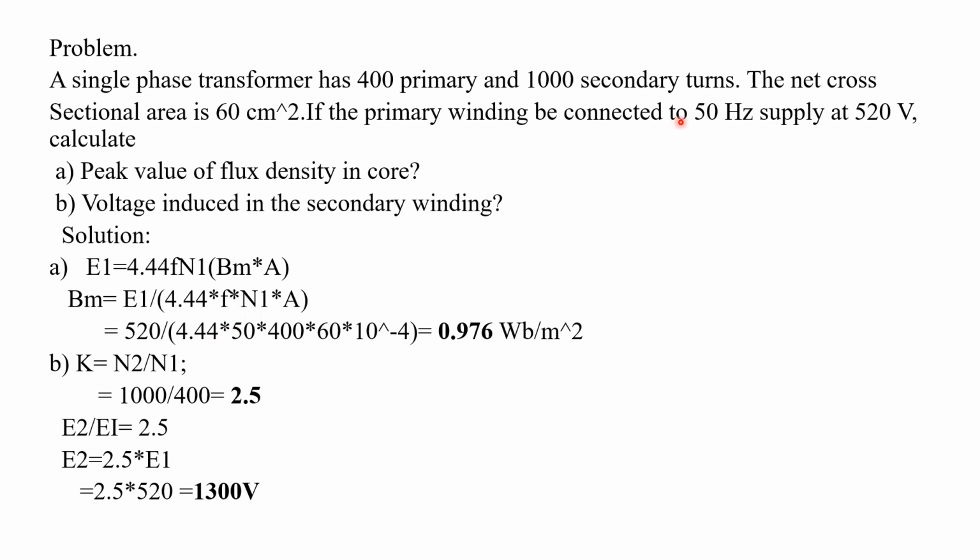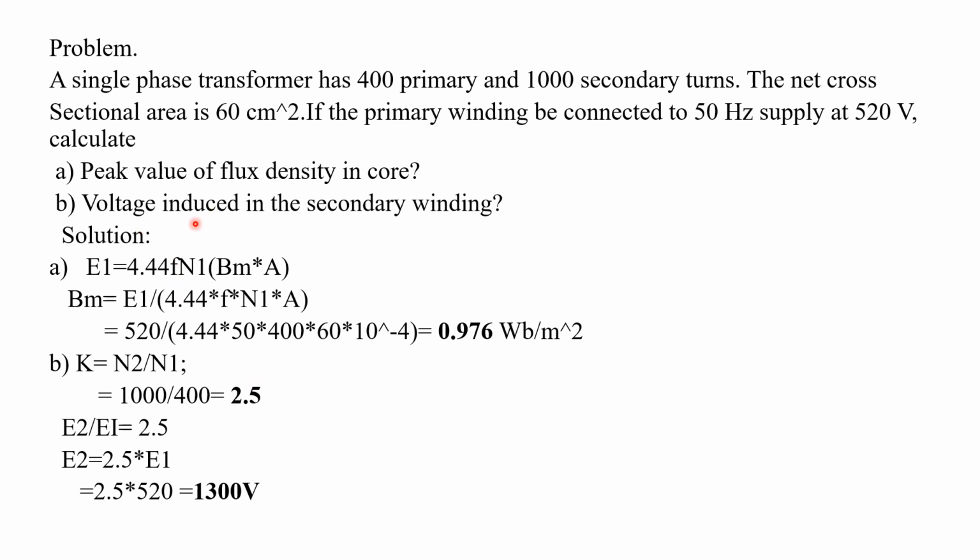F is frequency, given here as 50 Hz. N1 is the number of turns in the primary, that is 400, and the area is 60 into 10 raised to minus 4. These are the values to find out the flux density. So after calculating, we will get the flux density as 0.976 Weber per meter square.